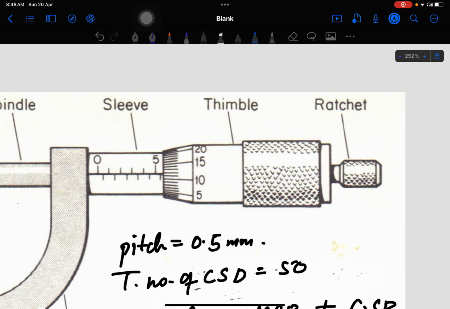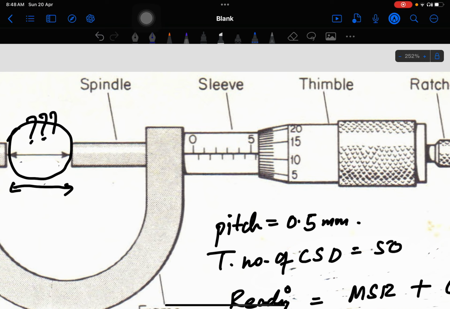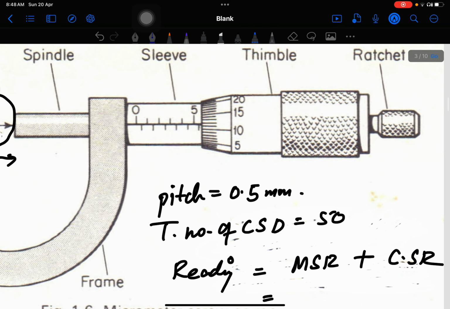If you look at this sleeve over here, you can notice that each smallest division over here corresponds to 0.5 mm, let us say. And this one over here will correspond to 1 mm, correct?